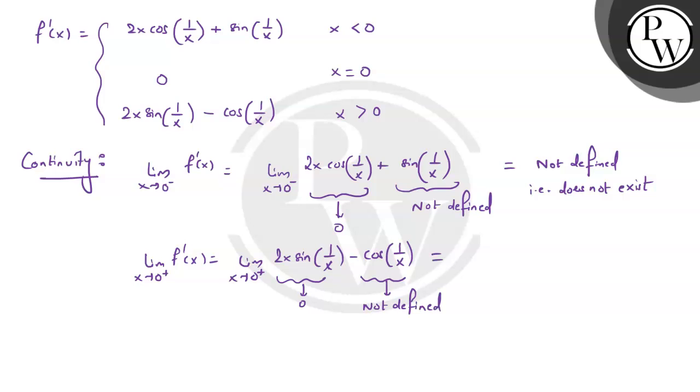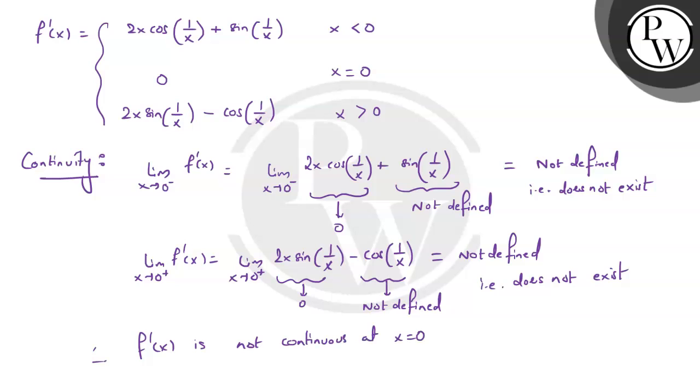So therefore the overall limit does not exist. And since the limits do not exist, therefore the function f dash x is not continuous at x equals 0, and therefore f prime of x is not differentiable at x equals 0.